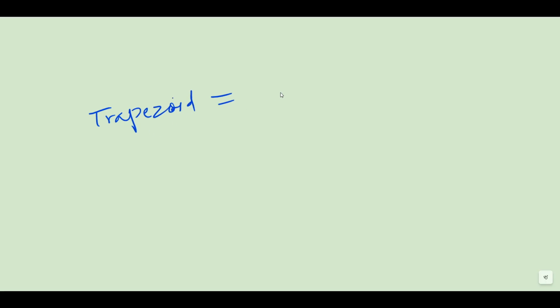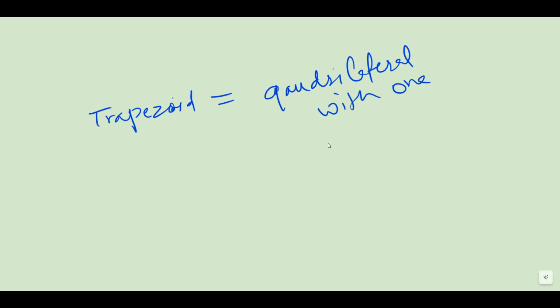So trapezoid is equal to a quadrilateral with at least one pair of parallel sides, right? At least one pair of sides if we choose, so it is equal.